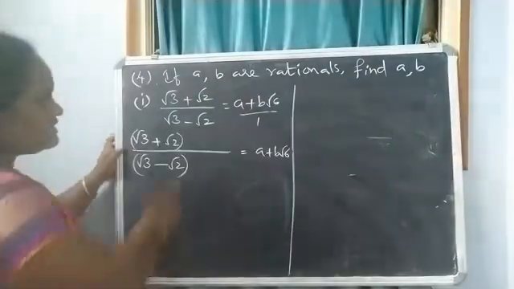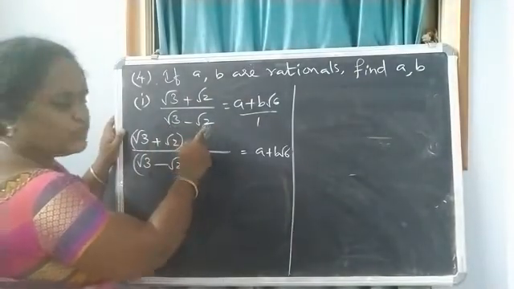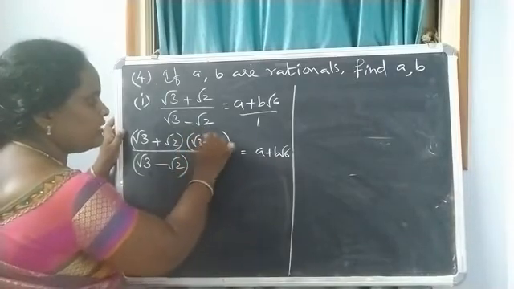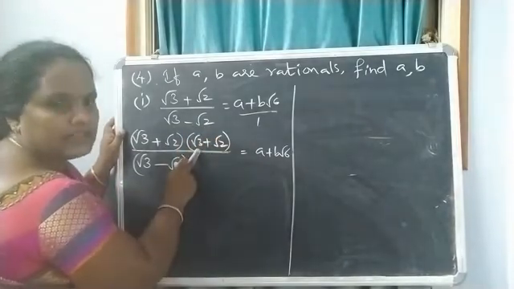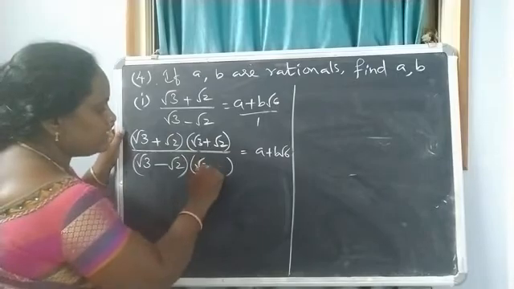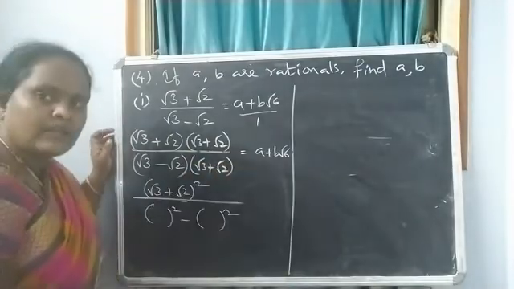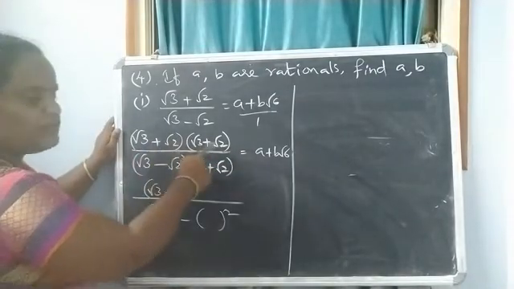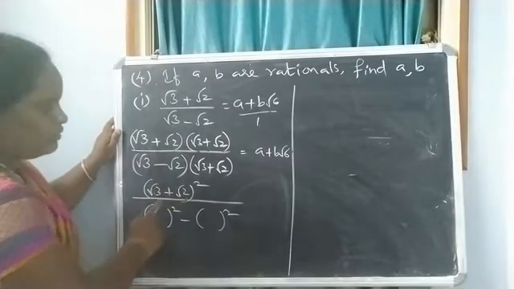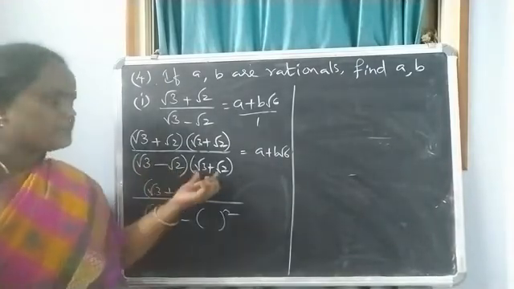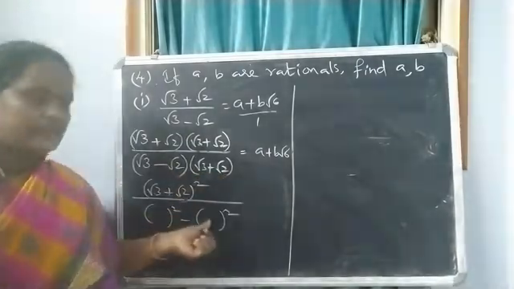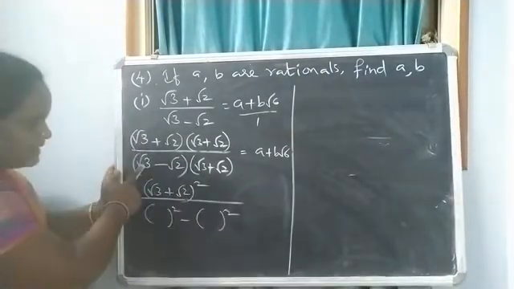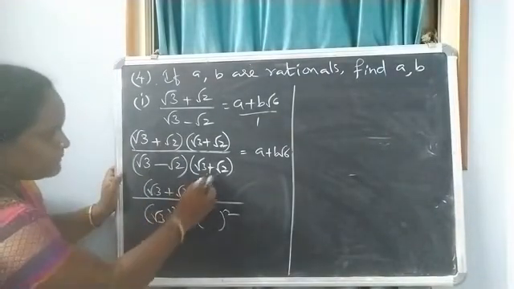The rationalizing factor of root 3 minus root 2 is root 3 plus root 2. Let me multiply with that in the numerator as well as in the denominator. Now, if I observe, the numerator is a plus b into a plus b, which is a plus b whole square, and the denominator is a minus b into a plus b, that is a square minus b square. So here a is root 3 and b is root 2.